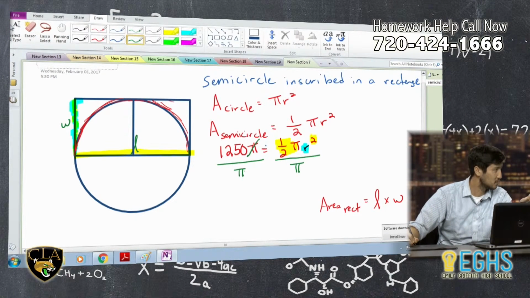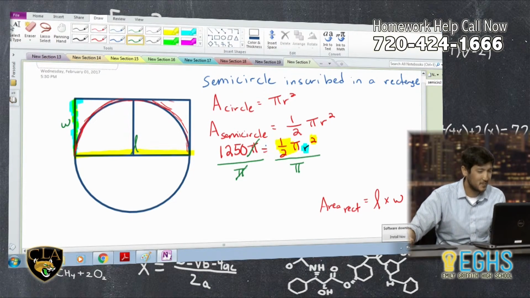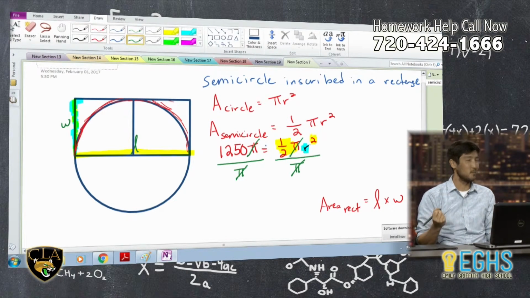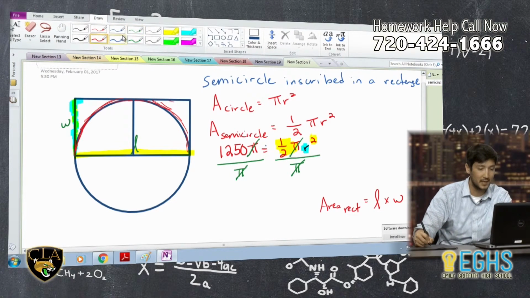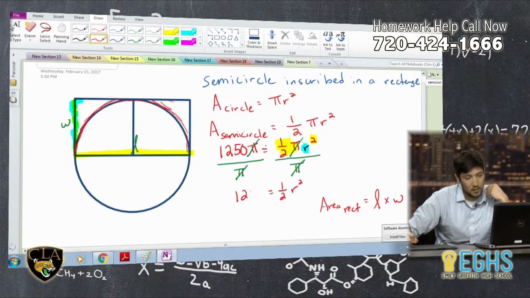Like pi is actually kind of a beautiful number, but when you're doing calculations, you don't really like doing them with pi because you have to eventually use your calculator or leave it in kind of a weird form. But this works out nicely. It cancels out. So I'm going to be left with 1/2 r squared equals 1250 now.